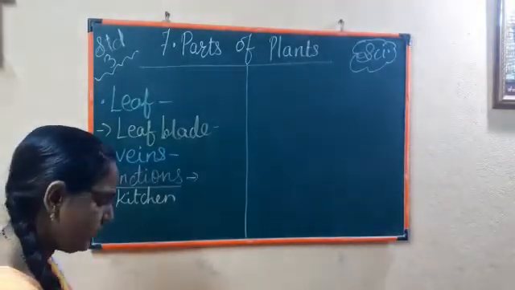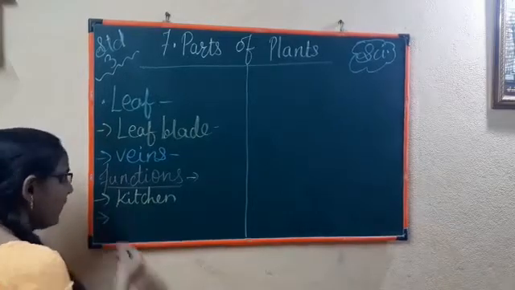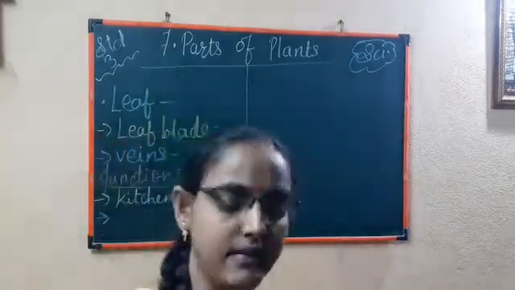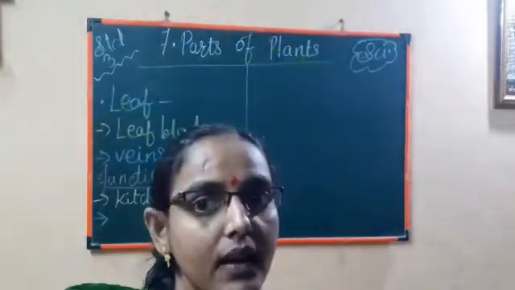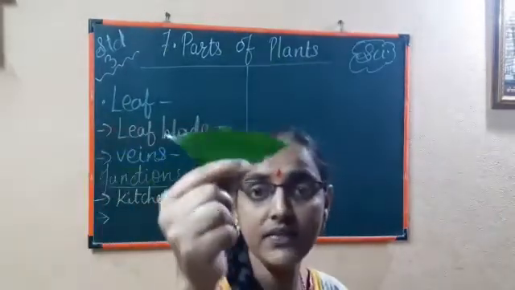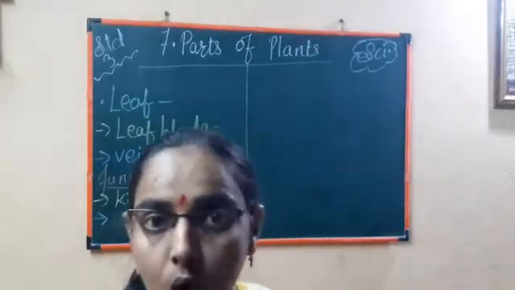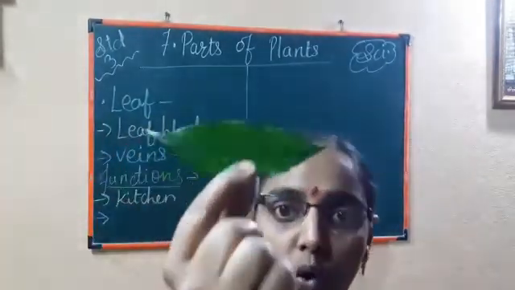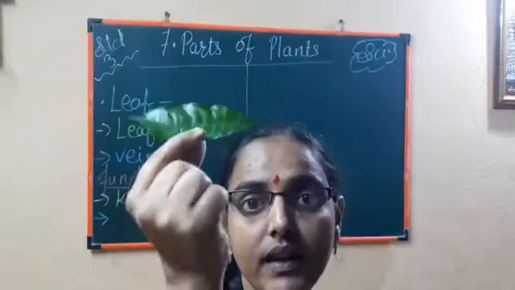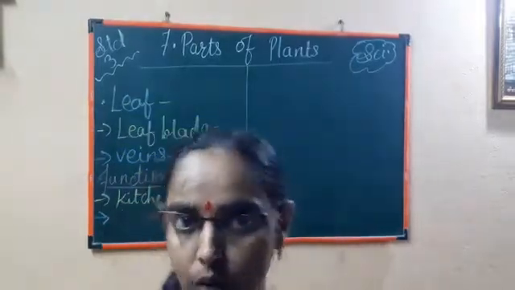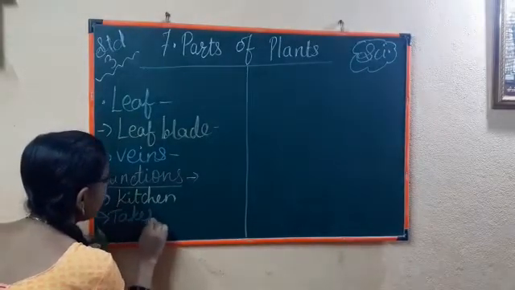Now the next thing. See the color of the leaf. The color of the leaf is green. Why is the color of the leaf green? The color of the leaf is green because it contains chlorophyll. And due to this chlorophyll, the leaf can take the sunlight, which is very important in the process of making food.